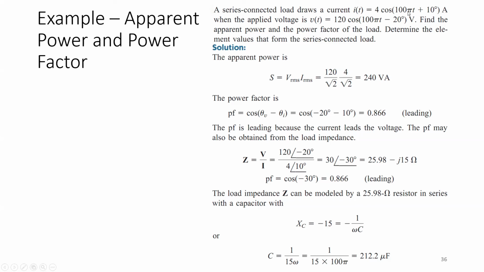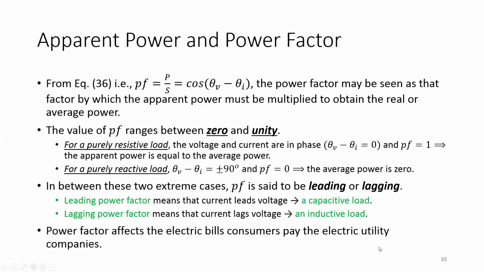For the power factor, we have got this theta I and this theta V, plus 10 and minus 20 respectively. So we just put values here and take the cos of the angle. So it's leading because this is negative, and this is negative for the capacitive elements, as we have seen here.